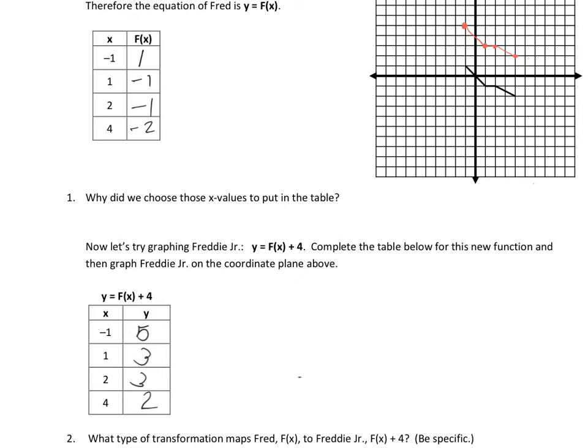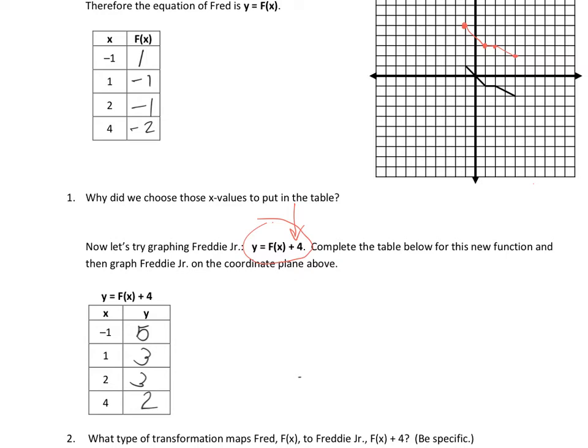So what I need you guys to recognize is when I add 4 like this to all of the f of x values, I've affected the y values. I've affected the range of the function. So whenever we move up or down, that's a change in the y values. When this +4 change happens outside of the x, outside of those parentheses, that means it's happening to the y values.